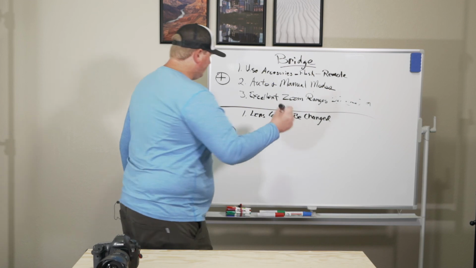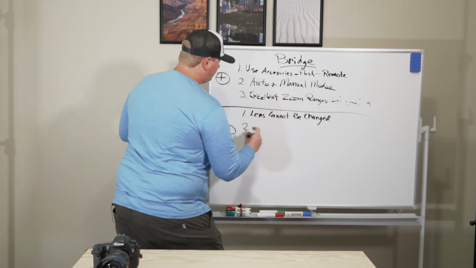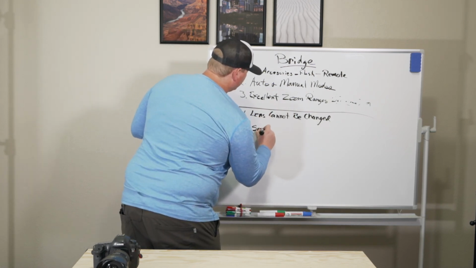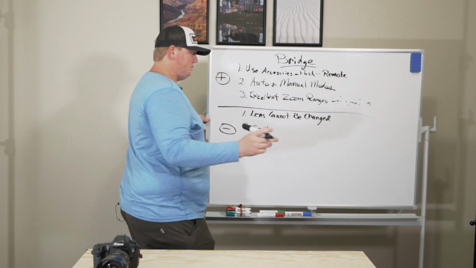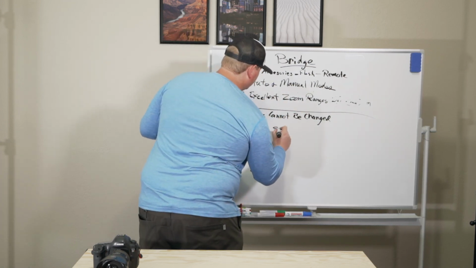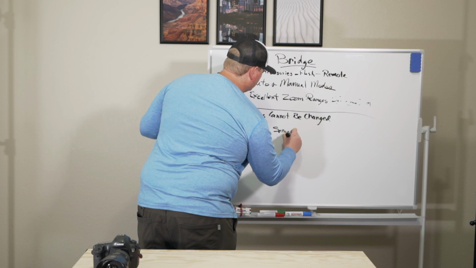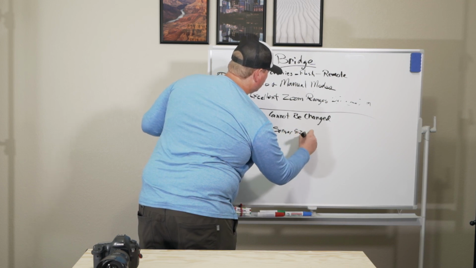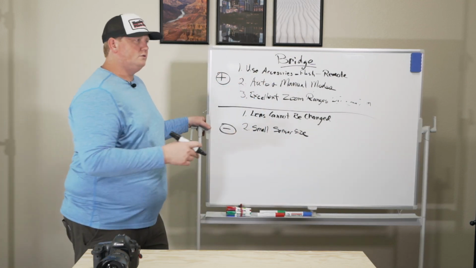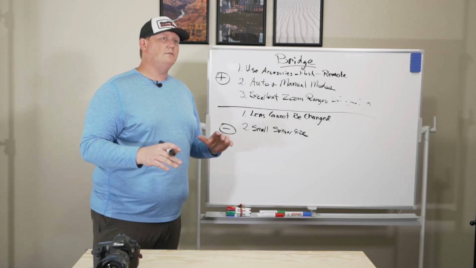You're kind of stuck. Now, number two, we're back to having a small, not quite phone small, but still small sensor size. Now you'll see on those compact cameras, they don't all have a small sensor size.